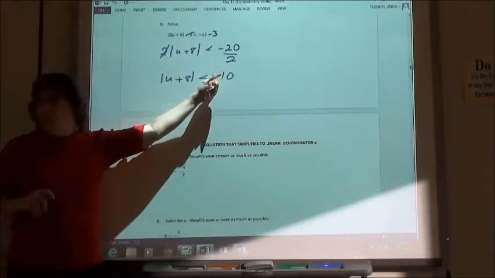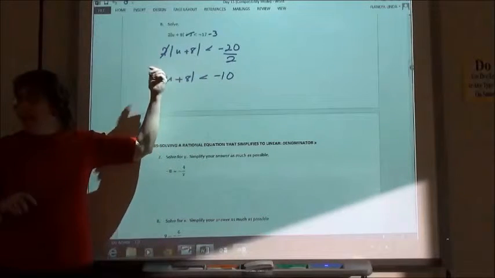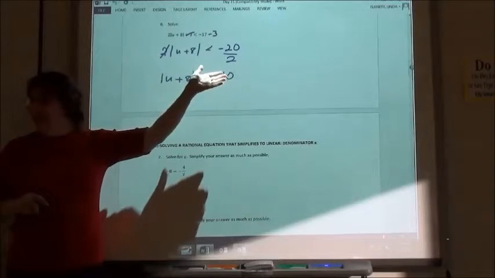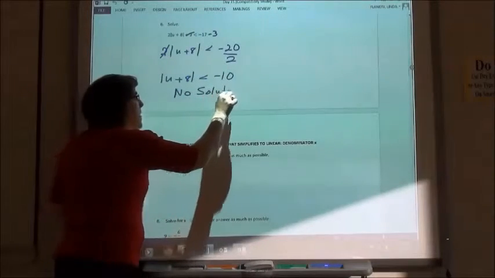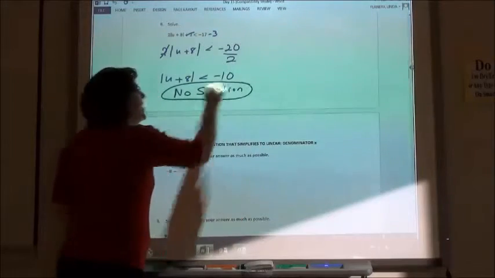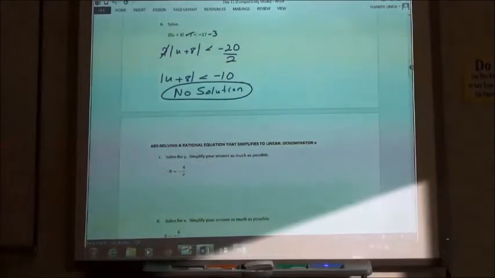No, because absolute values are always positive, and positives can't be less than negatives. So my answer is I can't do that one. No solution. Remember before we had those ones where we had the absolute value of 2x plus 8 equals negative 10? And it was the same thing? Absolute values have to be positive numbers. So we get a no solution on that one.